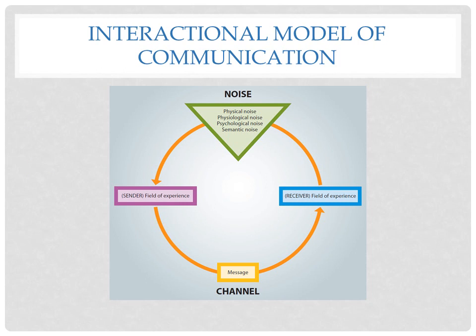Here is a visual representation of what the interactional model of communication looks like. We have all of our noise represented, and we have our sender, our message sent through a channel, our receiver, but we have that feedback loop coming through, and that feedback loop is the important piece of that information.